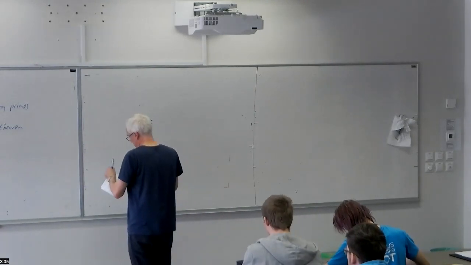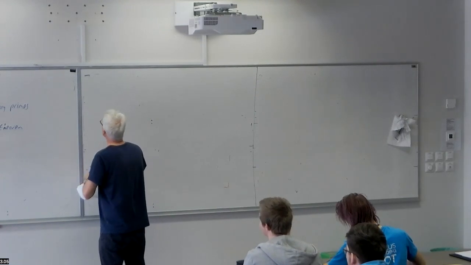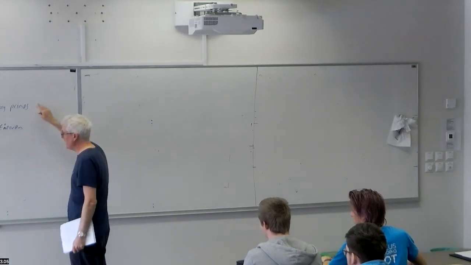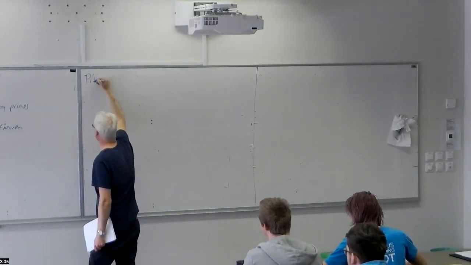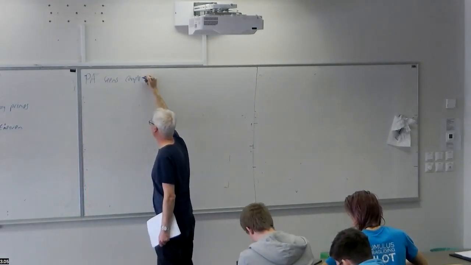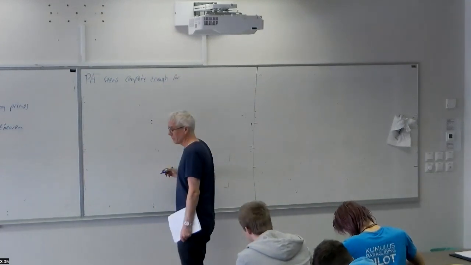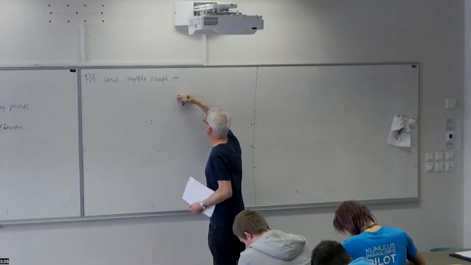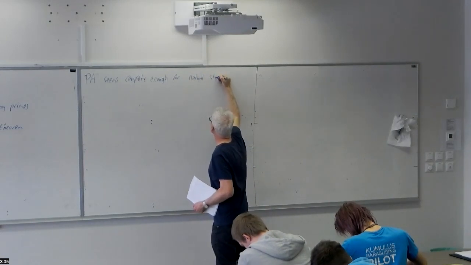So the bad news, that's in my notes, but I don't want to write it. It's believed, let's put it like this, PA seems complete enough for the natural mathematical statements, the natural statements of number theory.